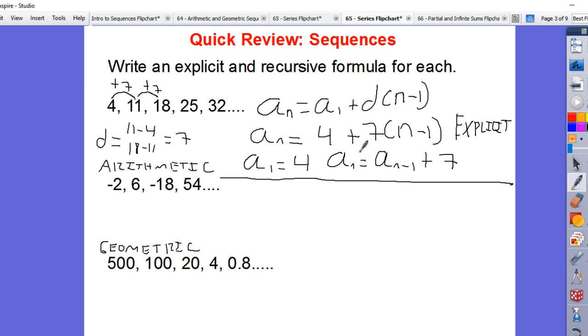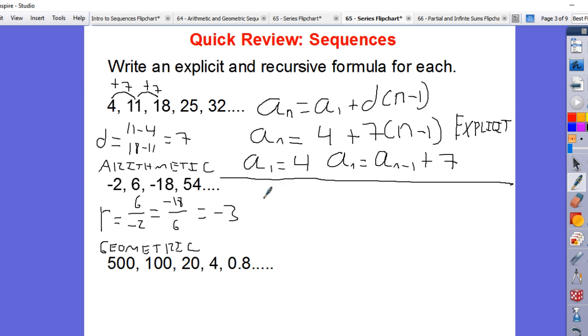Here we find r by doing a2 divided by a1. So r is equal to 6 over negative 2, or negative 18 over 6. This will simplify to negative 3. 6 divided by negative 2 is negative 3. Negative 18 divided by 6 is negative 3. So r is negative 3.